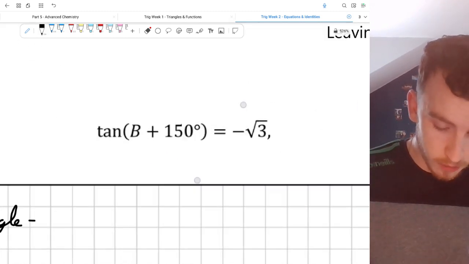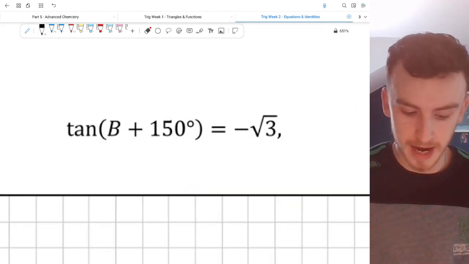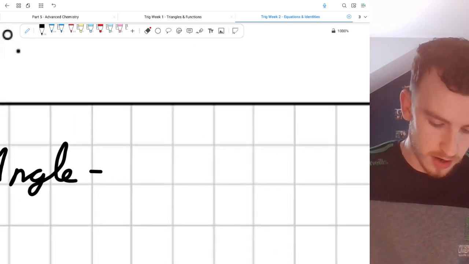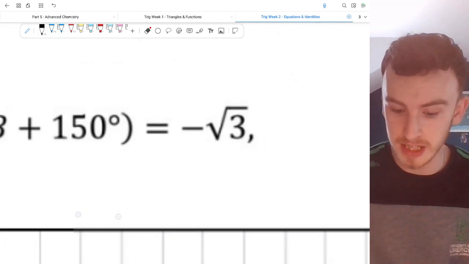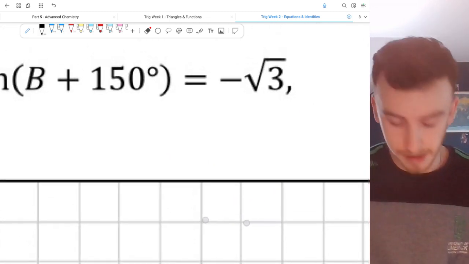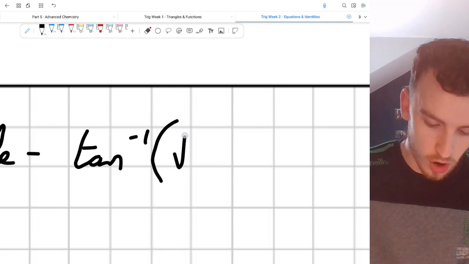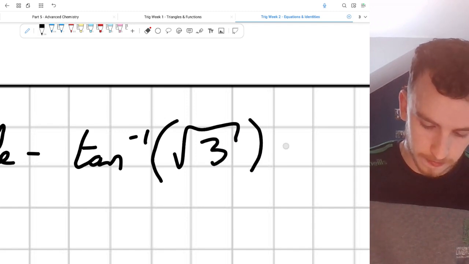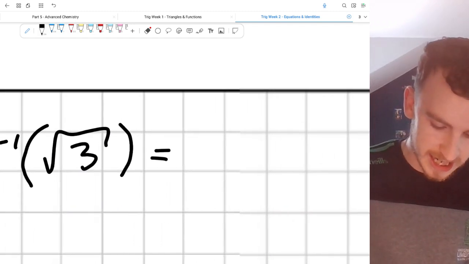Now, we're dealing with the tan function, and tan is equal to minus root 3. So our reference angle is going to be the inverse tan of, remember we always take the positive, so it's not inverse tan of minus root 3, it's just inverse tan of root 3. And that is equal to 60 degrees.